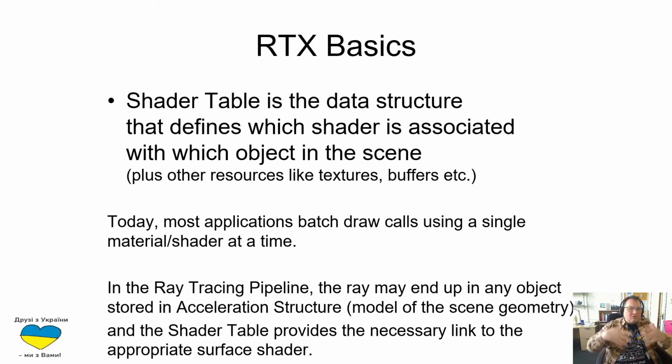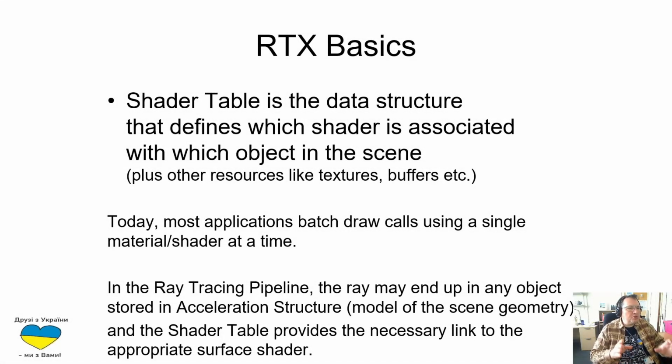In the water rendering scene, we had a basic shader, sorry, terrain shader, water shader, and we just switched between them. Terrain shader, render terrain, water shader, render water. Most applications today simply batch draw calls using a single material shader pair at a time.